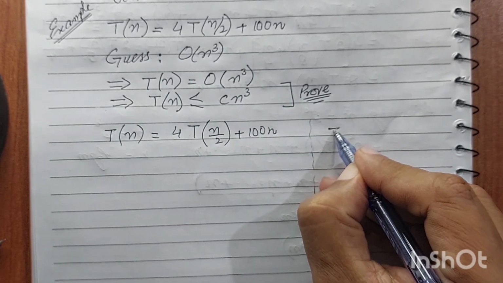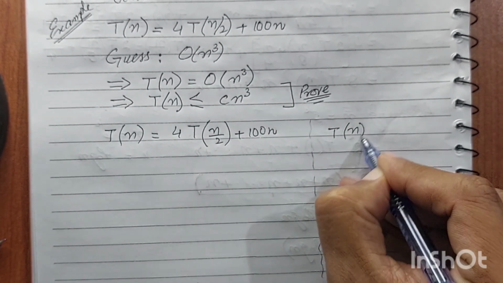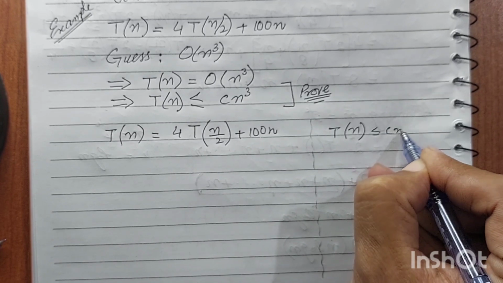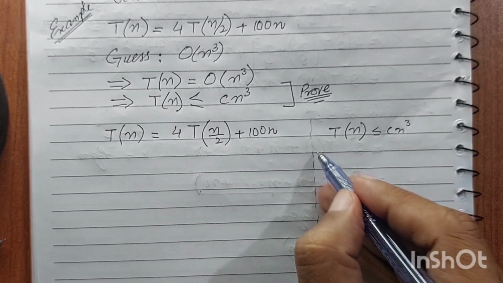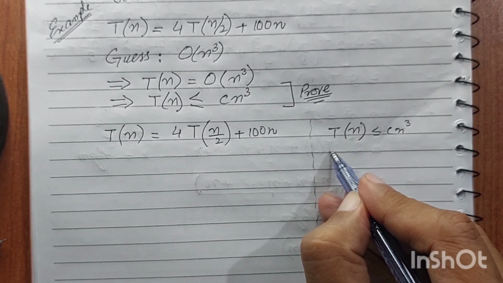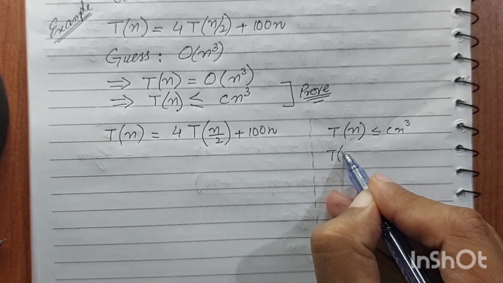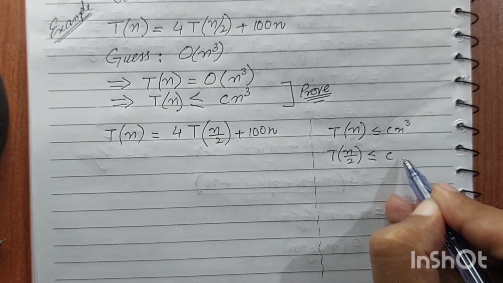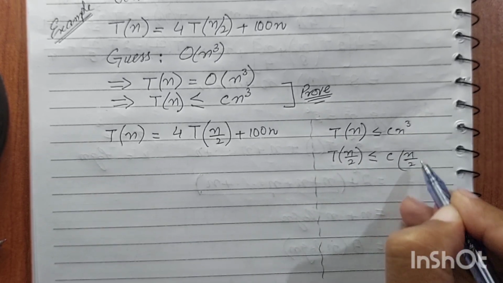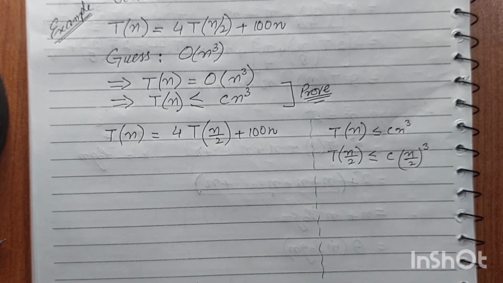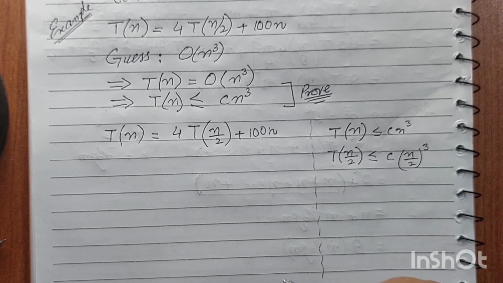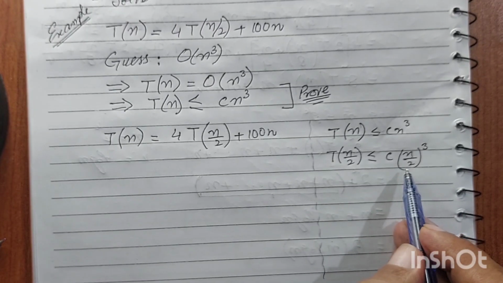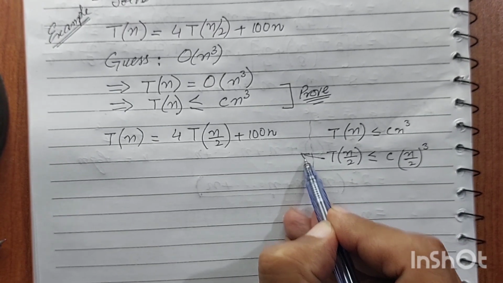My guess was that t of n is less than or equal to c of n cube. Here I replace n with n by 2, so I get t of n by 2 is less than or equal to c times n by 2 whole cube, and this is what I'm going to replace in this equation.